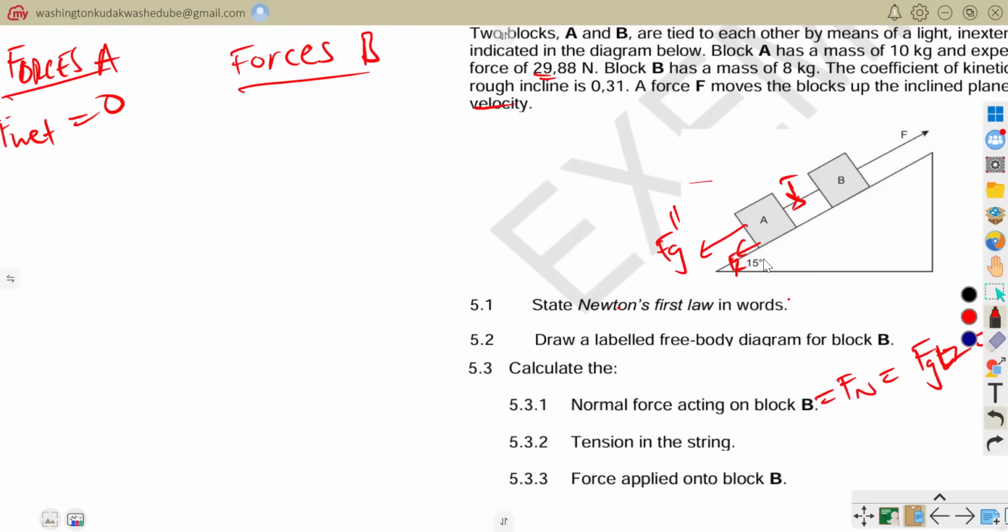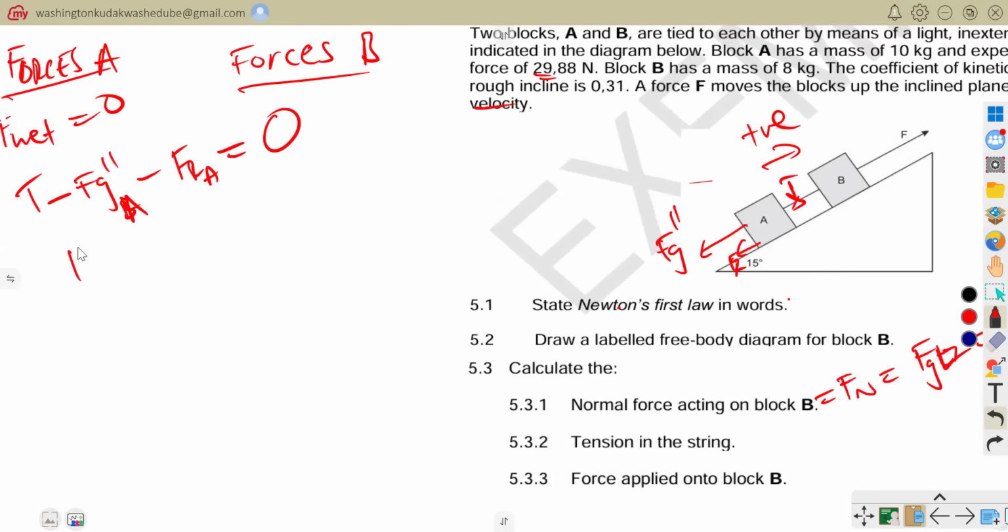So if I balance these three, they have to be equal to zero. So I would take T to be in the positive direction, the direction in which our object is moving. So T minus Fg parallel minus Fr, this is for object A, where Fr is the frictional force on A, is equal to zero.